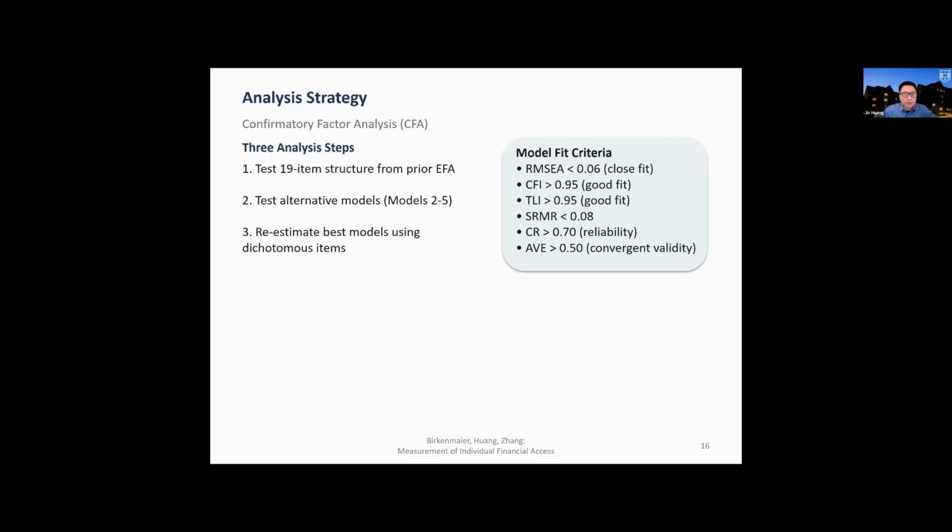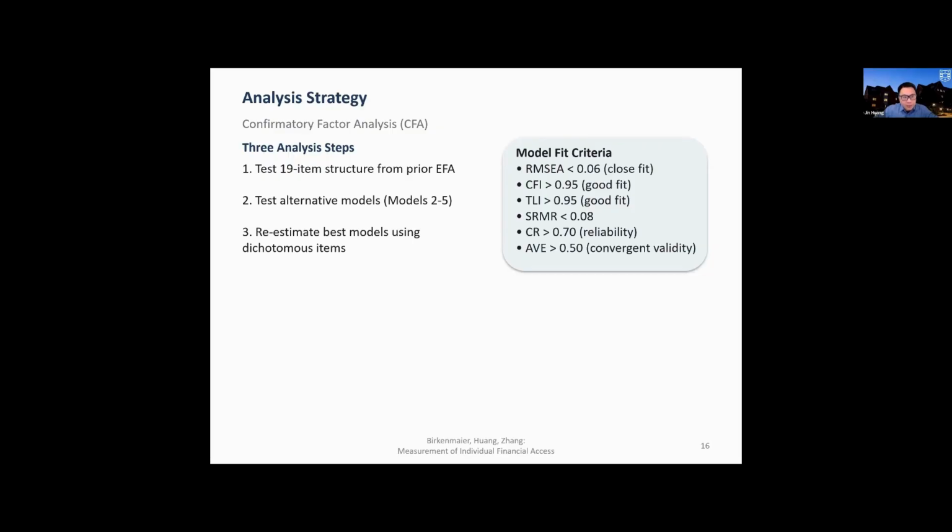Now, in our confirmatory factor analysis, as you can see on the right side of this slide, we use the model fit criteria listed here. The model fit tells us how well our conceptual measurement theory matches the reality of the data we collect.